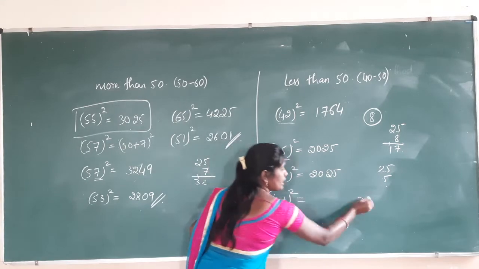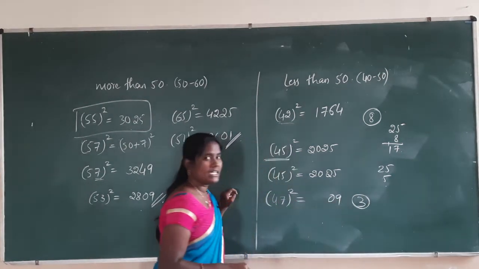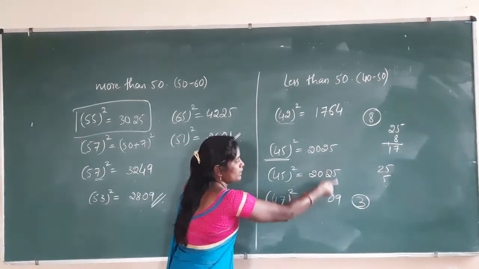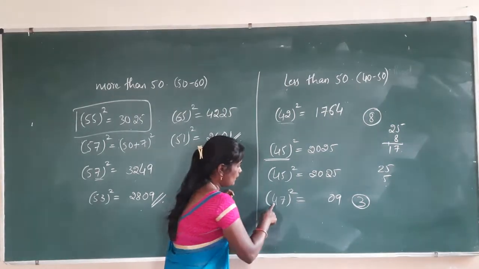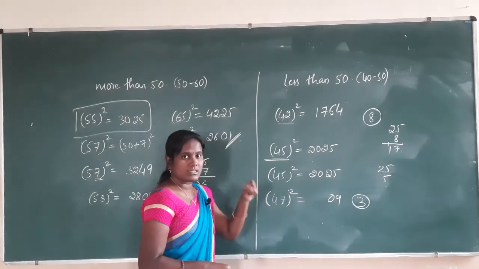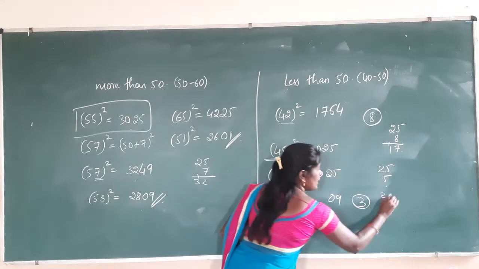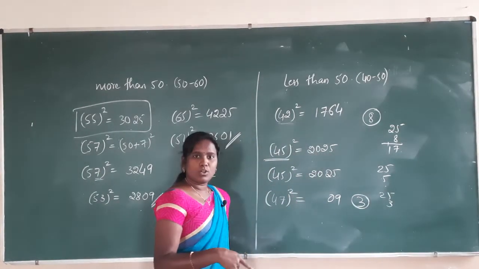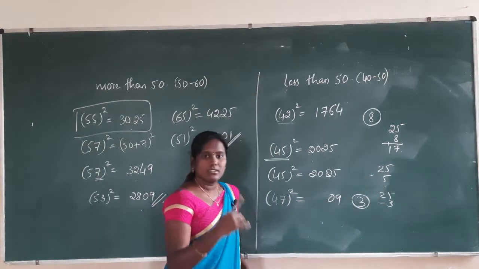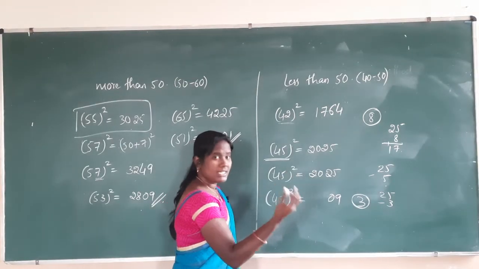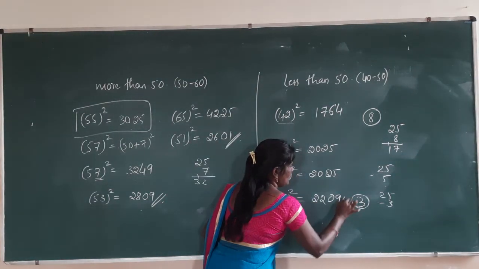Therefore, 3 square is what? 3 square is 9. The same we are doing here. Then 47 means it is 3 less, so 25 minus 3. Here you have to consider the difference of those two. 25 minus 3, it is 22.